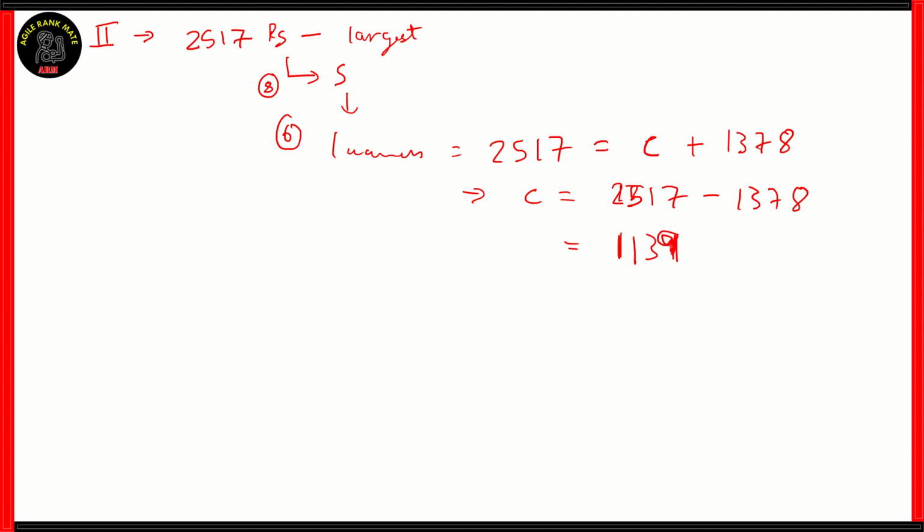So according to this particular equation, we see that Chelama spends 1,139 rupees. And that is also the smallest value, since according to clue number 8, Chelama spends the least. So now we know that Sahnaz spends 2,517 rupees and Chelama spends 1,139 rupees.